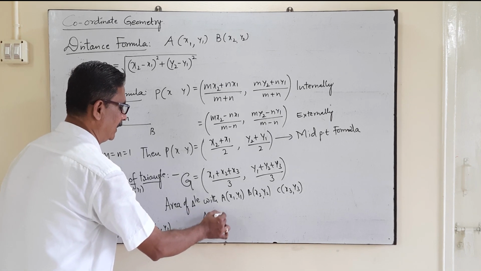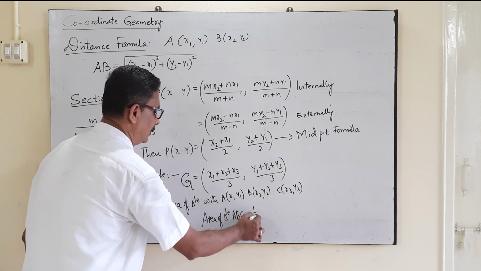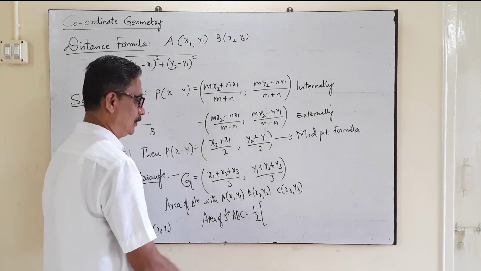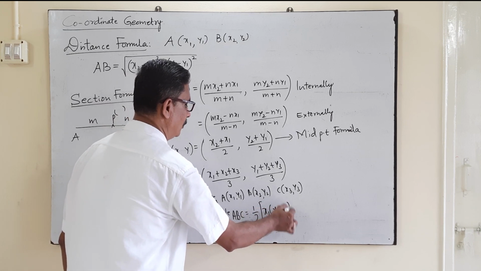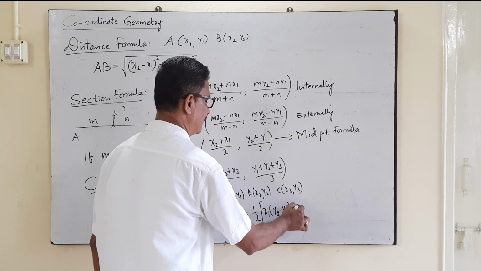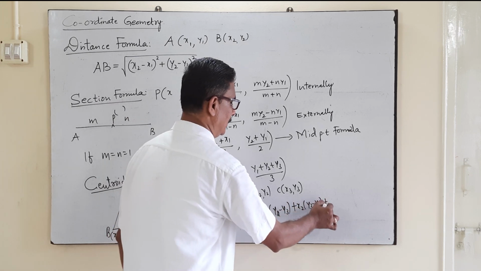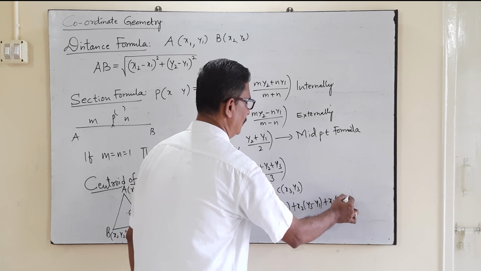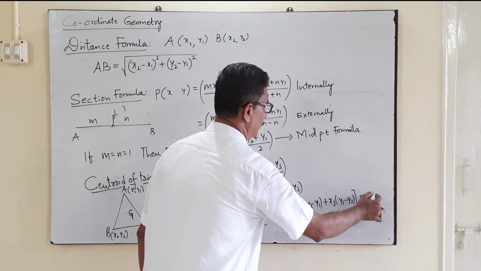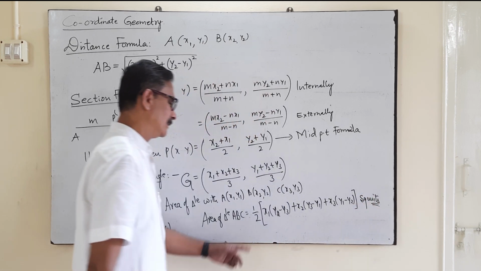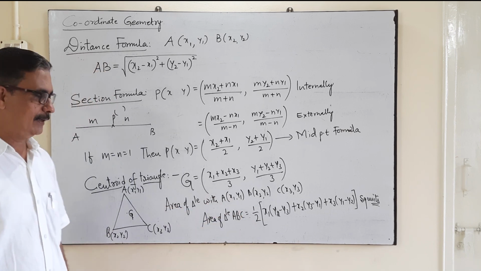Area of triangle ABC is equal to 1 by 2 into bracket x1 into y2 minus y3 plus x2 into y3 minus y1 plus x3 into y1 minus y2. Measurement in square units. This is the formula for area of triangle.